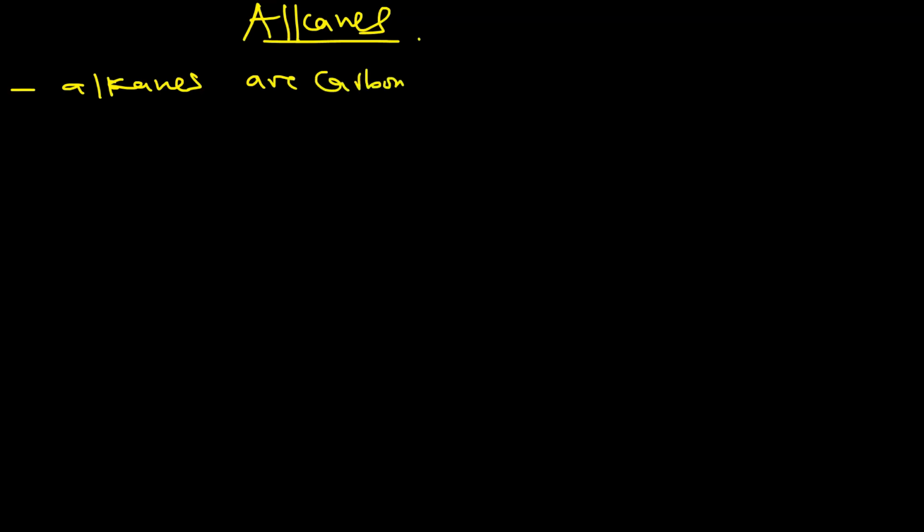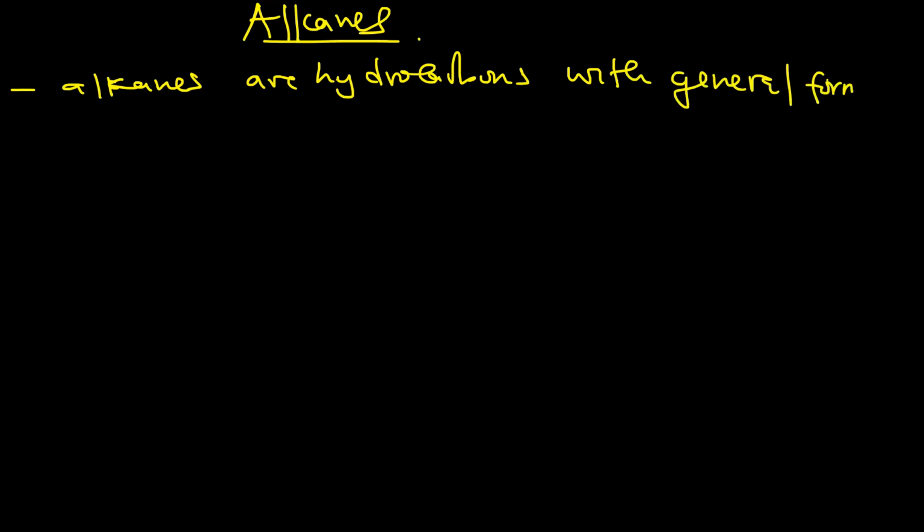All right, so what are alkanes? What are alkanes as a homologous series? What I can say about alkanes is that alkanes are hydrocarbons with the general formula CnH2n+2.